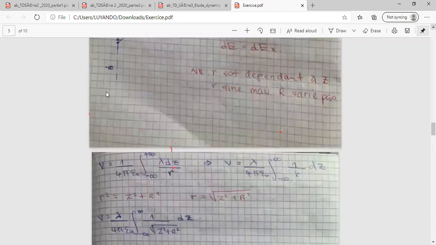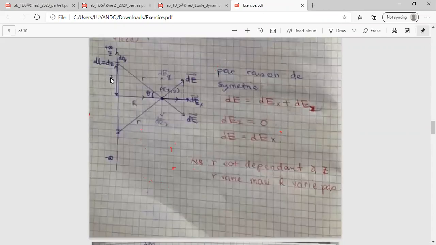So I'm trying to find an expression for the z and the r. Sorry, it's this r. So if I have this, I can use tan. I'm trying to express the z and the r in the function of theta because I have an angle cos there, and I'm trying to integrate my angle cos function.